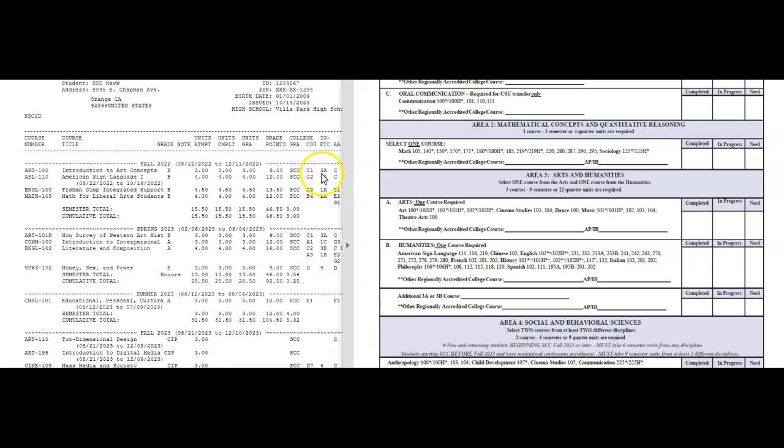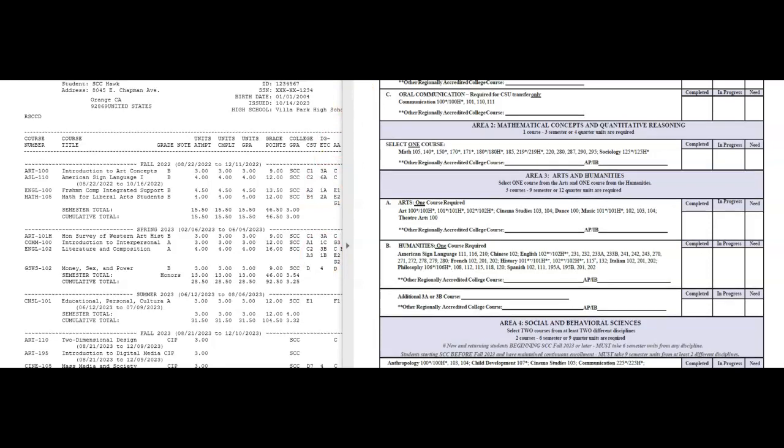So this is the 3A. My advice is, sometimes it's hard to see these markings because it's kind of small, so I would just highlight it. Let's do it again. Let's identify a Get C is 3A. So Art 100 is going to be 3A there. So there it is under Area 3. You identify 3A and Art 100 is there. So what you would do, you would mark it as completed.